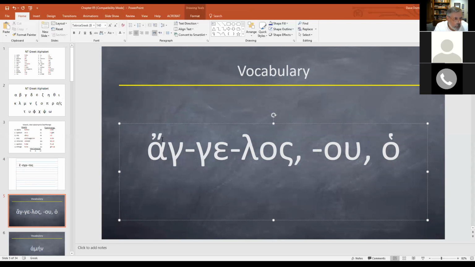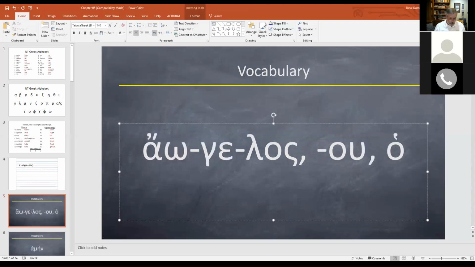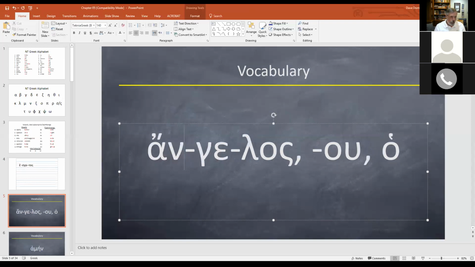A-Y. Okay, it's not a Y now. It's the gamma. So gamma is the third letter in the alphabet. That's right, gamma. I'm looking at it too. And it sounds like a G. So normally we would say this is og. However, because there are two gammas together, it doesn't get pronounced like og. It gets pronounced like on.